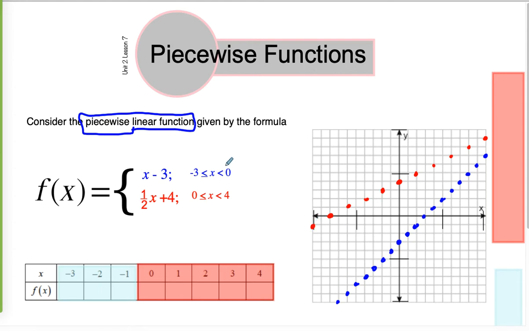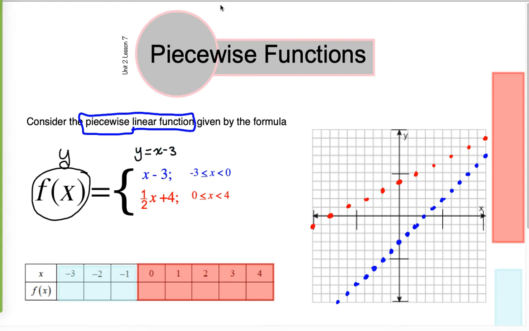Okay, now let's get into it. Remember, f of x is fancy for y. That is why when I wrote my linear function over here, I did not write y equals x minus 3.